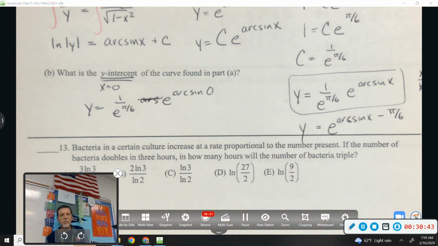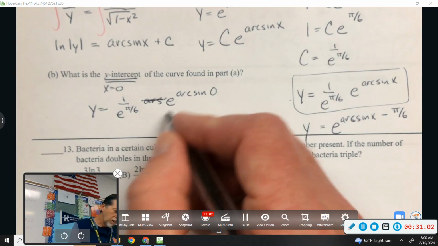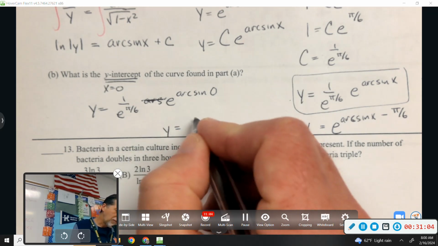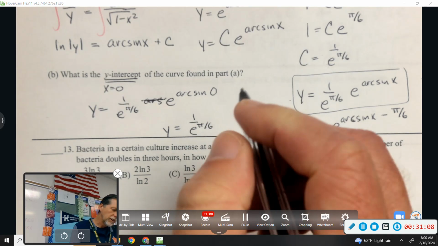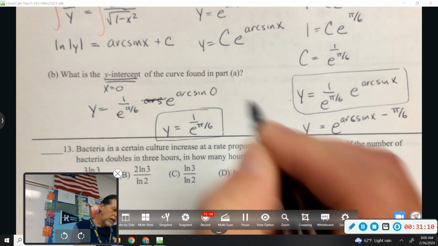That would be a safe stop, because all of that is calculator ready. But what's the arcsine of 0? What angle has a sine of 0? 0. And then e to the 0 is 1. And so it's a safe stop, but it sure looks a lot easier if you just rewrite it as 1 over e to the pi over 6.